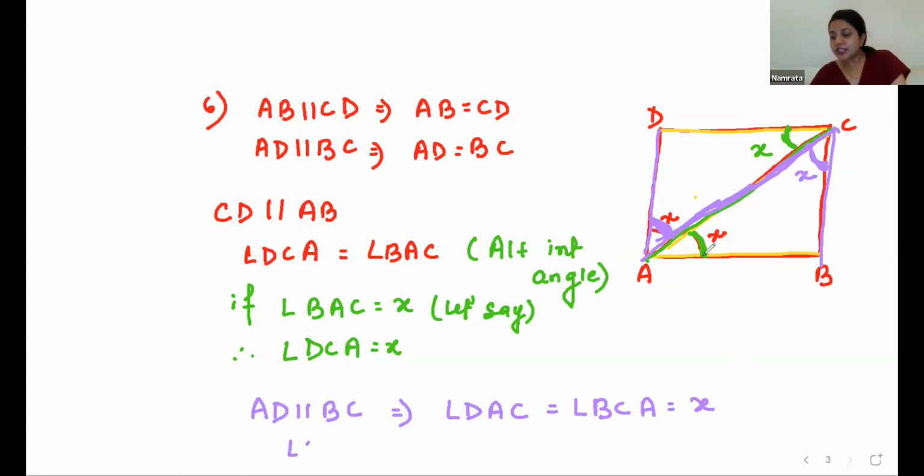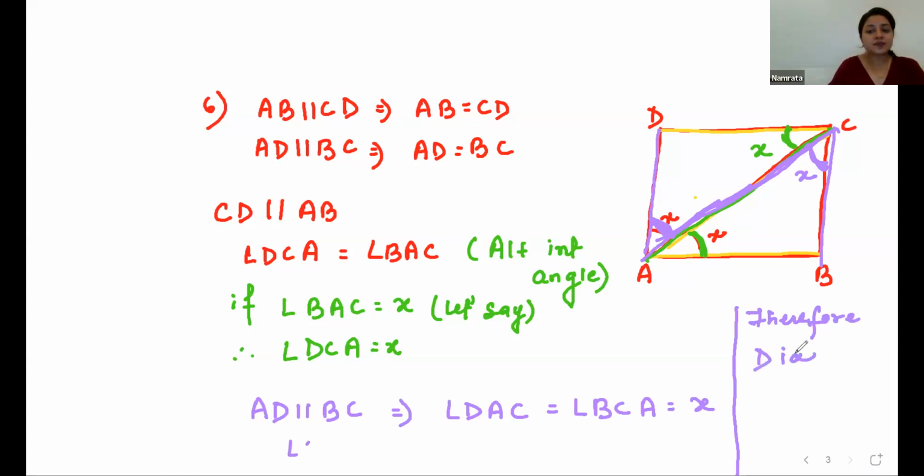And what we needed to prove here was that the diagonal AC is bisecting angle C. So can we say from here that yes, diagonal AC is bisecting angle C. That's why we are getting two parts of C, x and x, right? Yes, ma'am. So therefore, diagonal AC is bisecting angle C. Hence proved. We proved the first part. All right.